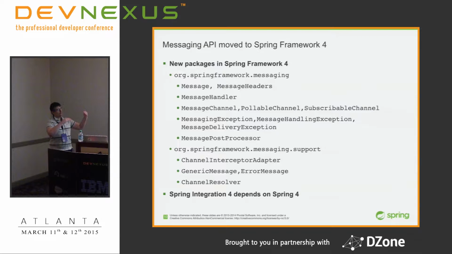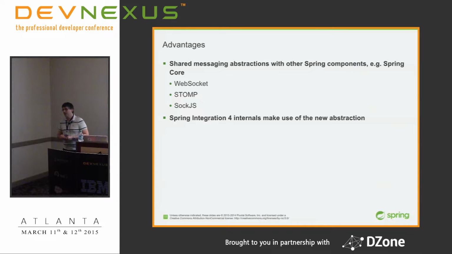Of course, that required an internal refactoring in Spring Integration, so that it can work with all these classes right now. Why did it happen? Well, the messaging abstractions and the messaging paradigm that Spring Integration did very well applied to other things that are not necessarily connected to Spring Integration directly.